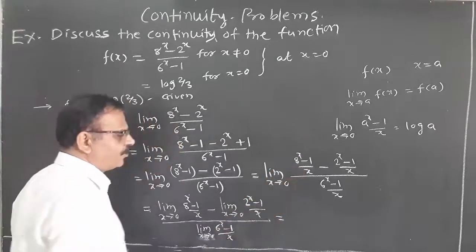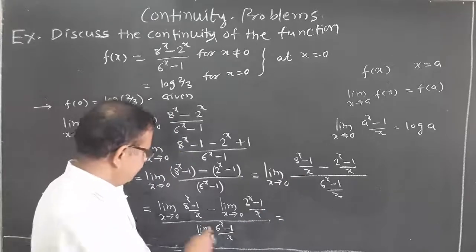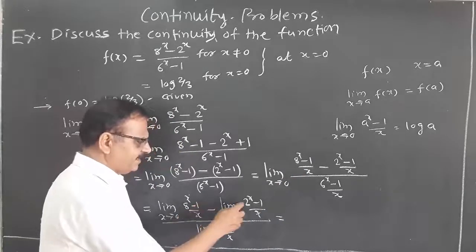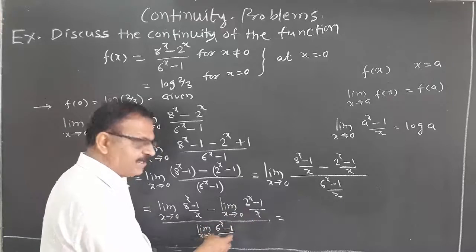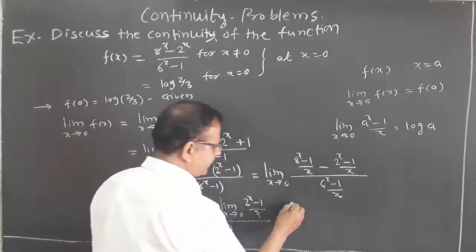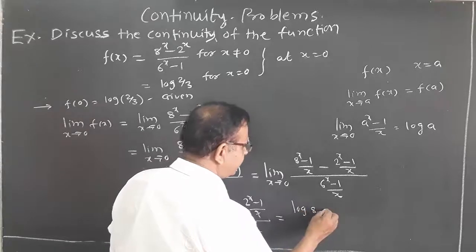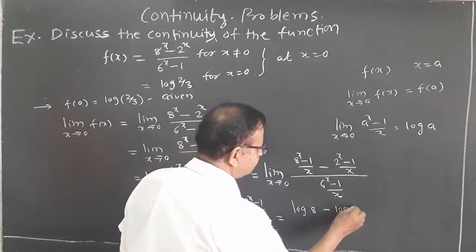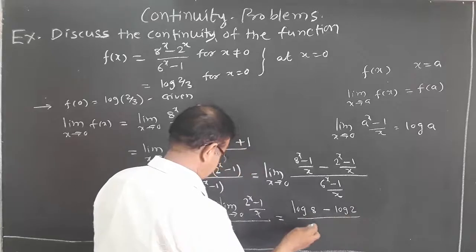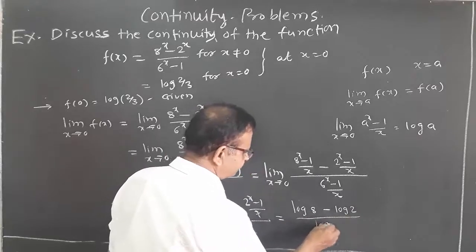And by using that formula, we know that this is log of 8, this is log of 2, and this is log of 6. Therefore, we can write it as (log of 8 minus log of 2) divided by log of 6.